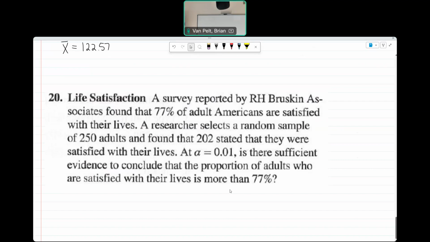All right, everybody knows we're working on a proportion, right? You see percentage, it's a pretty good giveaway that you're dealing with a proportion.